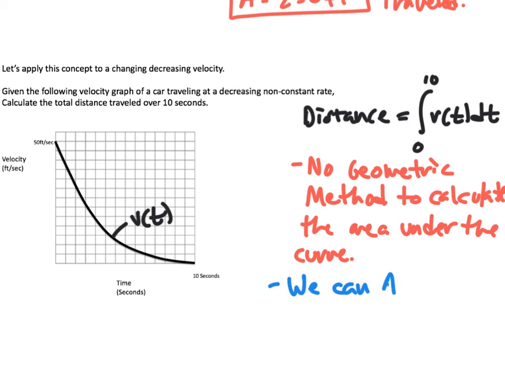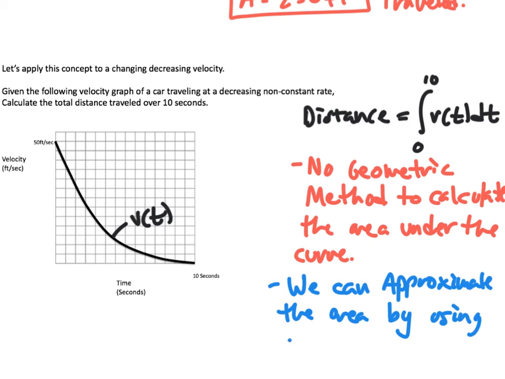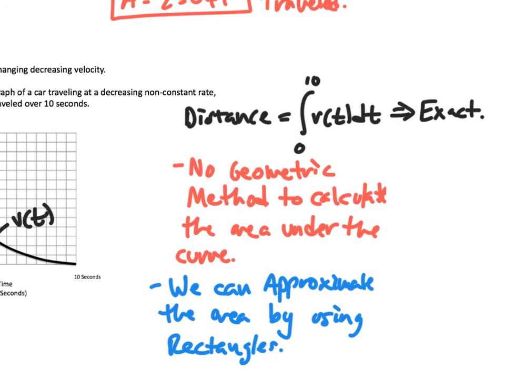We can approximate the area by using rectangles. And so we'll be able to find the exact area, or the exact distance that we're traveling, but currently we don't have a way to do that. What we can do is approximate the area by using rectangles, and that's what we're going to do in this section.